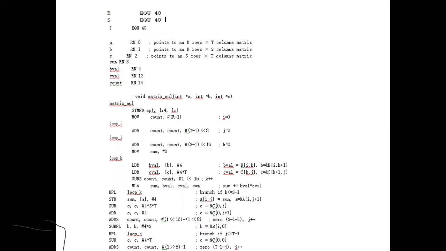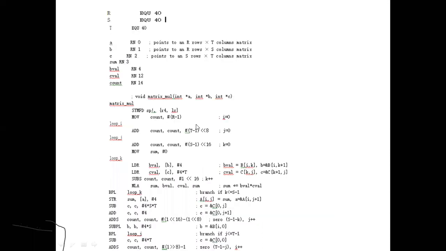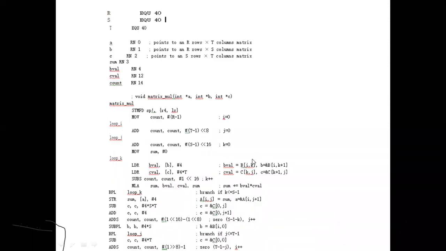Look at this one. Initially we are storing r minus 1 into the first 8 bits, right? And then we store t minus 1, which is left shifted by 8 bits, and s minus 1 will also be shifted by 8 bits.